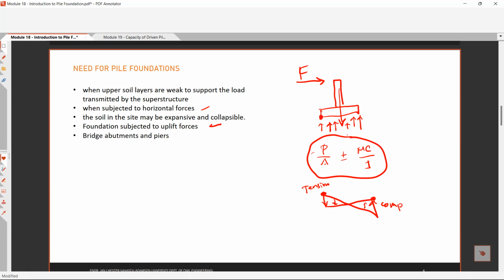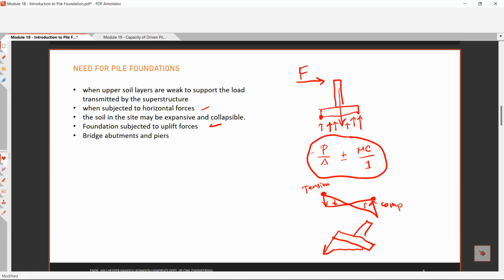Okay? So puro compression yan. Okay. So pag nagkaroon ng tension, meron yung uplift forces and hindi naman pwede na mag-overturn yung ating soil. Wala namang tension rod dito na ibabalik niya pababa. Okay. So that is yung uplift forces.